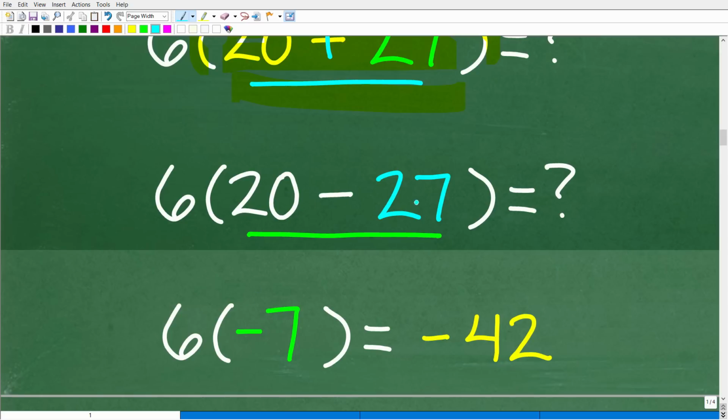So 20 minus 27, so this is going to be 20. You can think of this as the same thing as 20 plus a negative 27. So when you're subtracting numbers, you could do something called plus negative in math. It makes things much easier. So in other words, let's say I have 6 minus 8. Now if you look at this problem real quick, you're like, oh, 6 minus 8, that's 2. No, that's not right.